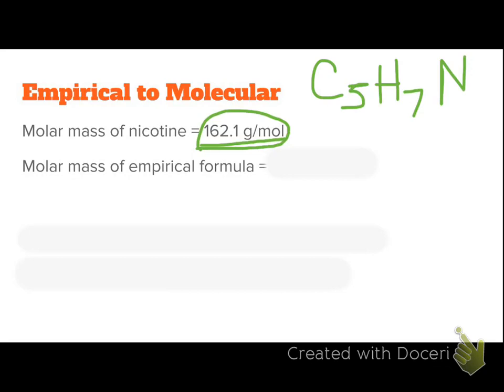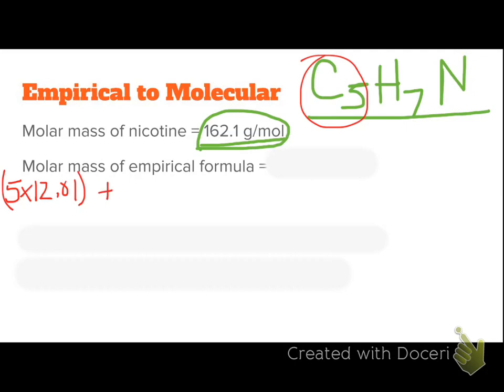The second thing we have to do is find the molar mass of our empirical formula. So remember, this is our empirical formula. Finding the molar mass should be something that becomes very easy to you now. So we'll take 5 times 12.01. That comes from the carbon. We're going to add that to 7 times 1.01.